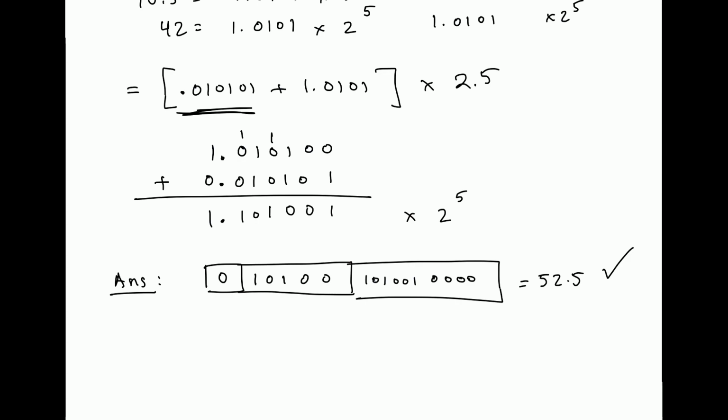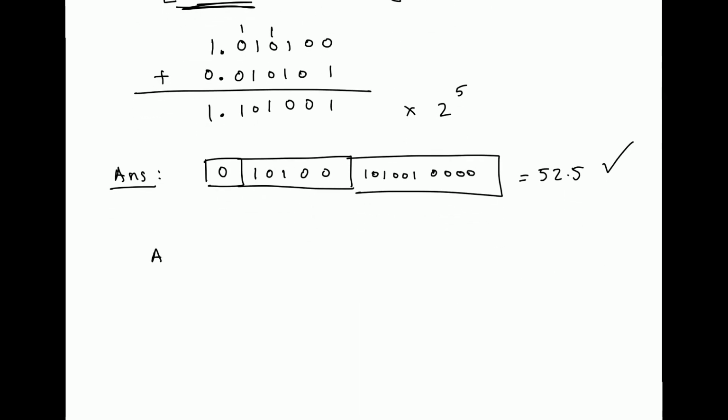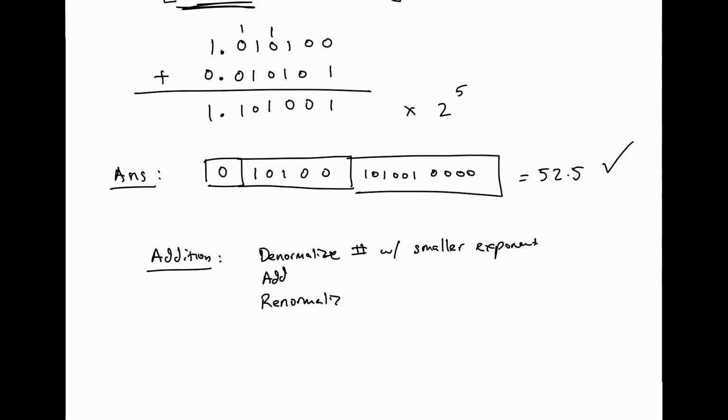So the real steps for addition are: denormalize the number with smaller exponent, add, and sometimes you have to renormalize the answer. That'll happen if there's a lot more carries than what happened in this example, but you could have to do that. Okay, so that's essentially the steps for it.